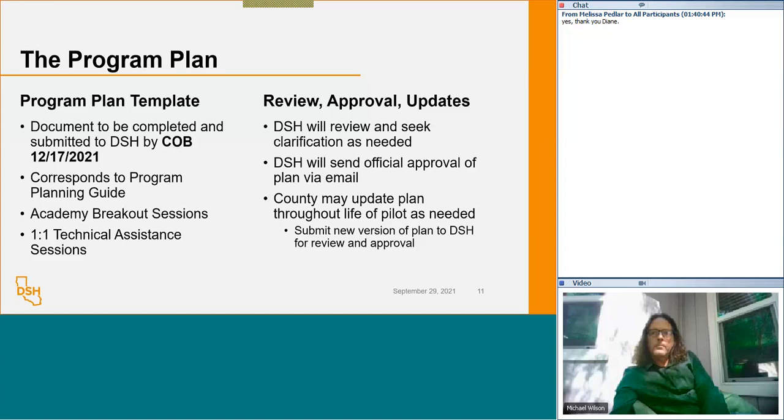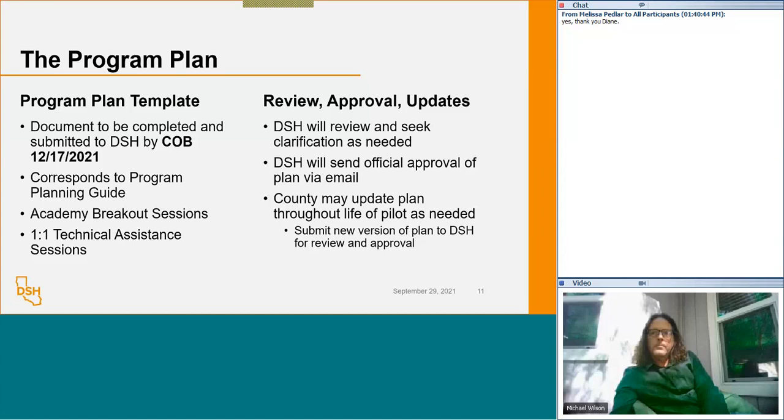That's how this works. So what we ask is that when you have a major change to how your program is operating, that you update your program plan document and submit the new version to us, and we'll go through a similar process where we will give it a quick review, see if we have any questions or need any clarification, and then we can approve that updated program plan.